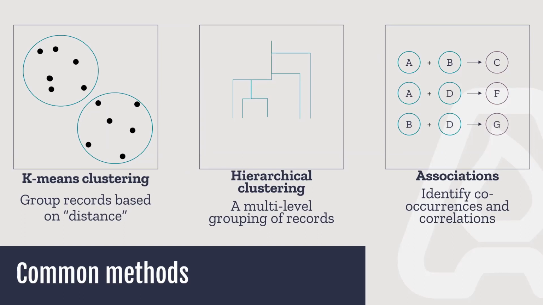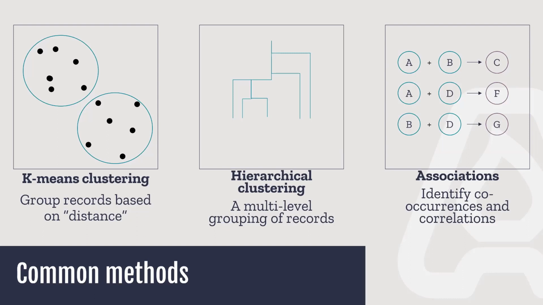K is basically the name for the number of clusters that you have, and it tries to create new points inside your data and say how close different records are to these points.